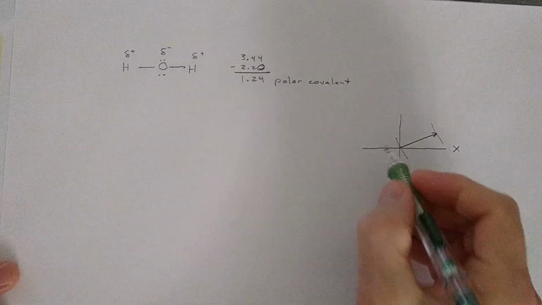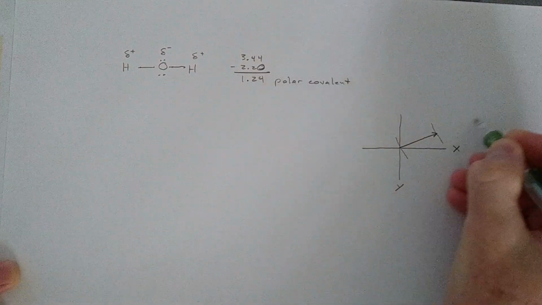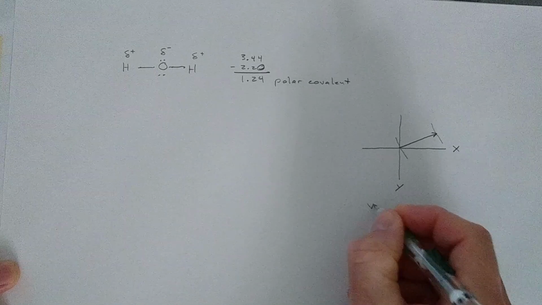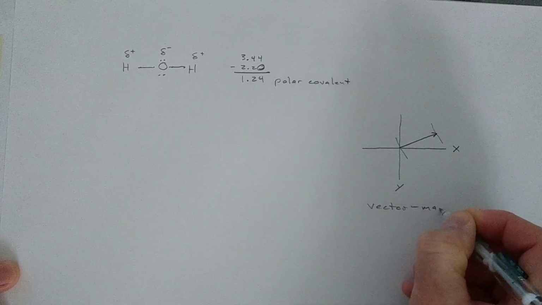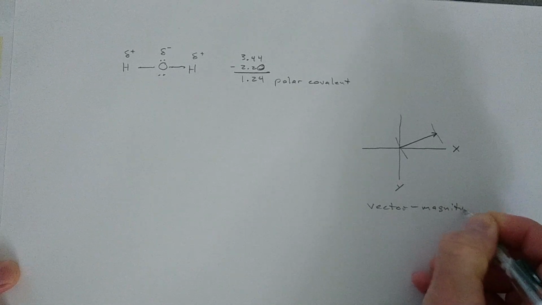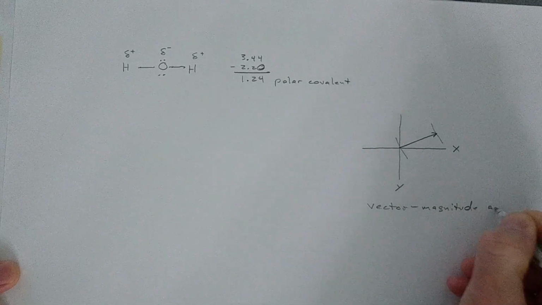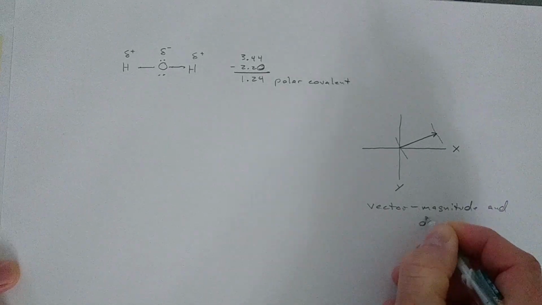The length of the vector could be given a quantitative value, and so that quantitative value would represent its magnitude. How long the vector is would be an indication of the magnitude of the vector. Does it have direction? Yes, the vector is going in this direction. So remember, a vector has magnitude and direction.